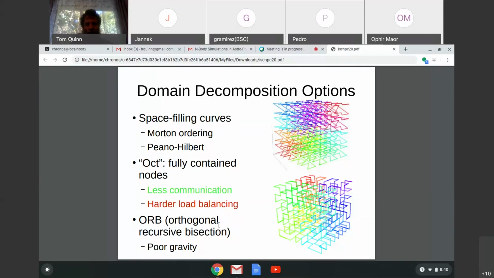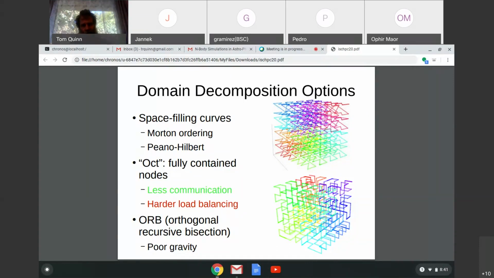You can also do a completely different way to do domain decomposition. To perfectly balance the number of particles, do orthogonal recursive bisection, where you bisect the cube such that you have equal numbers of particles on each side of the split, then recursively do that.